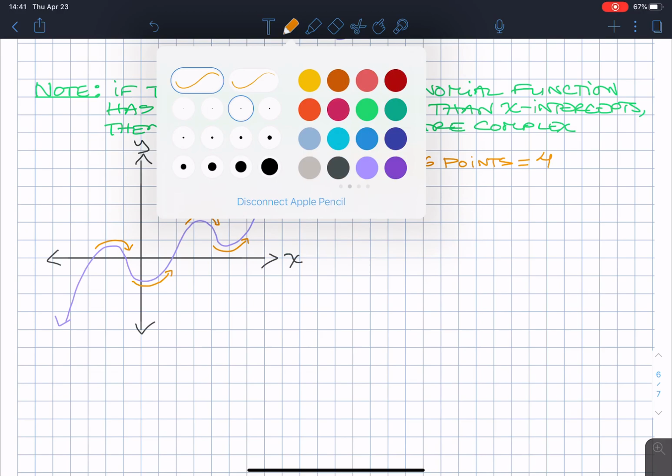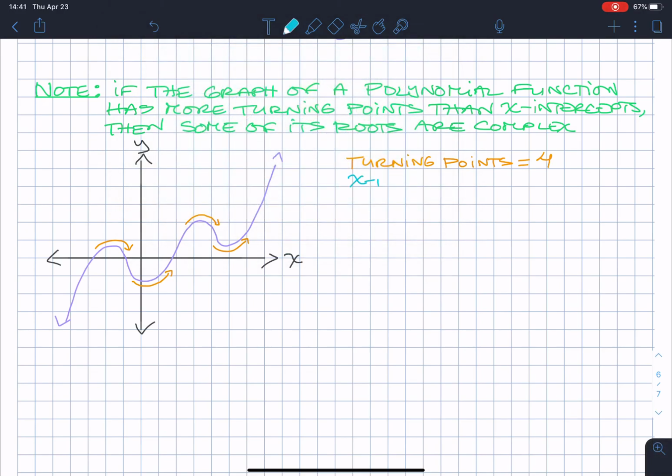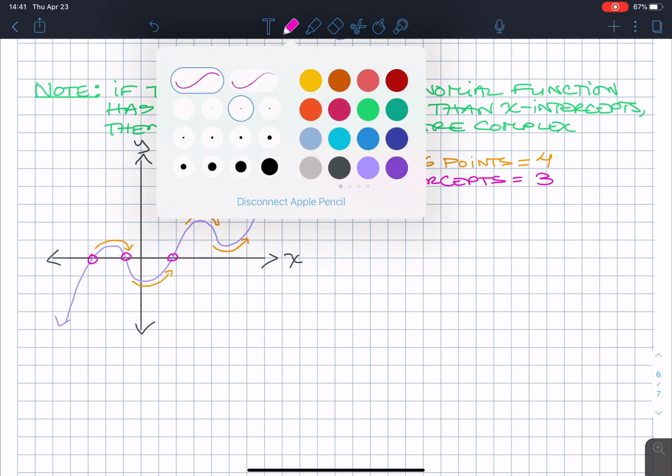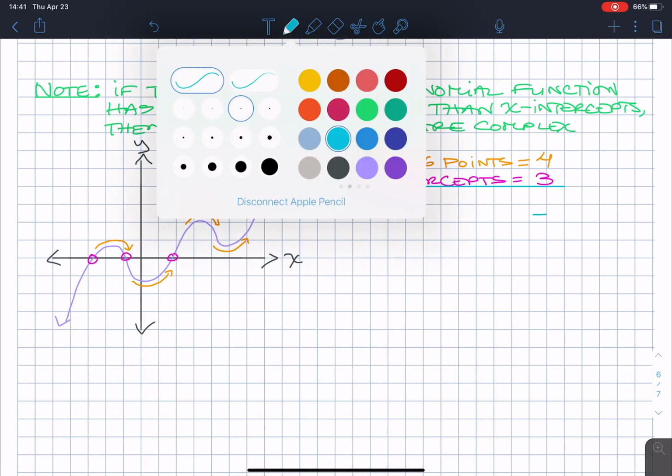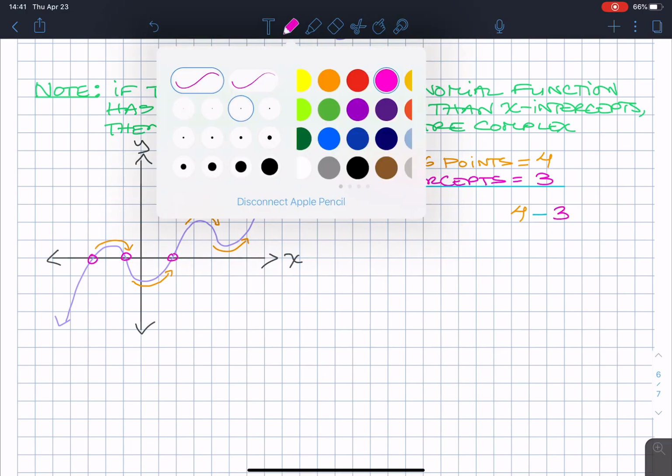So x-intercepts, actually maybe I should do that in hot pink. So x-intercepts, let's see, 1, 2, 3. So note that 4 minus 3 is equal to 1.